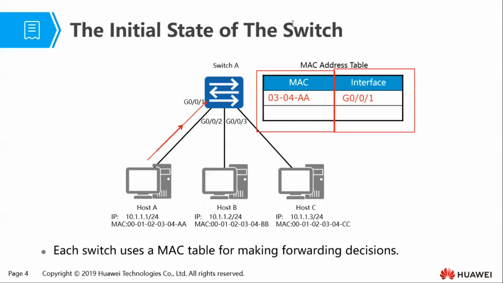So in case anyone else sends a frame, for example host B, then it's also going to update 0304 BB. In which interface have we interconnected this device? We've interconnected it via G0/0/2.